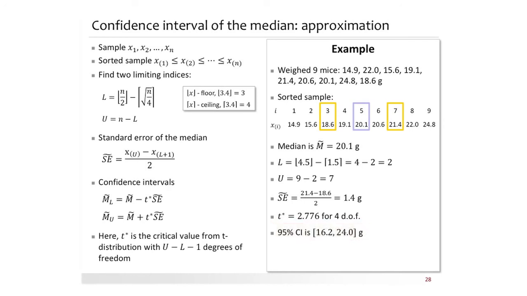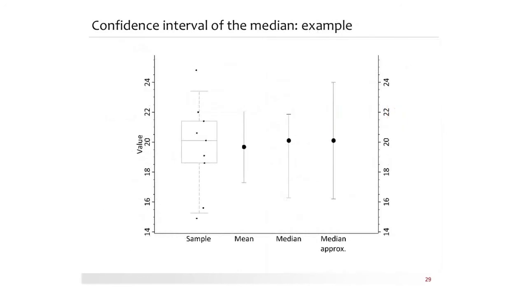Okay? This is this result presented graphically. This is the same sample example I showed you in the previous slide. This is the mean and its 95% confidence interval. This is the approximation I showed you, and its 95% confidence interval. And that would be the result from the strict method that requires interpolation, and it's a little bit more complicated.